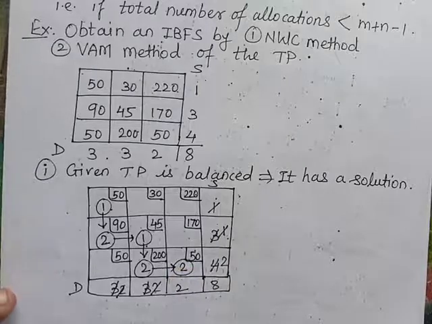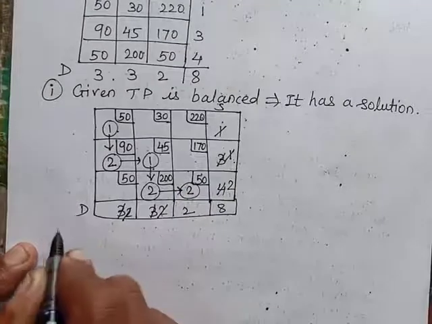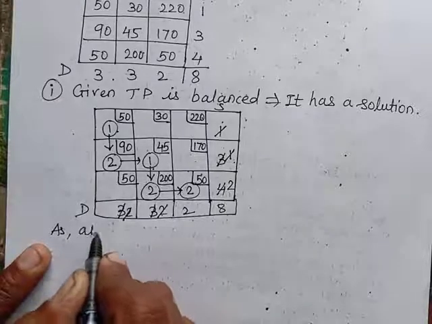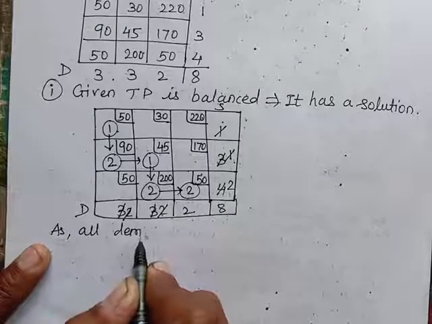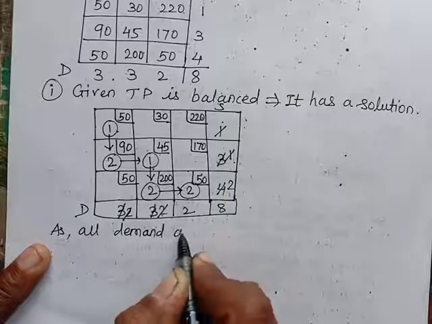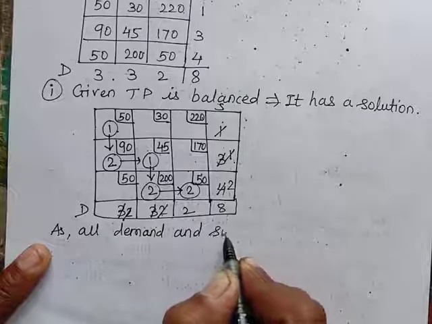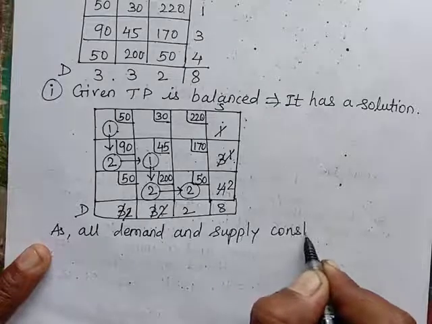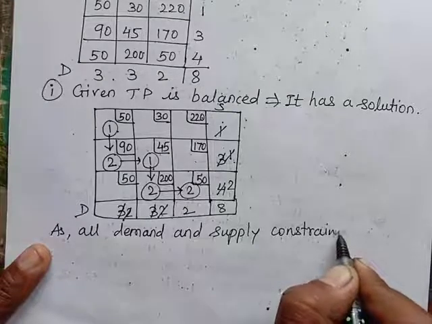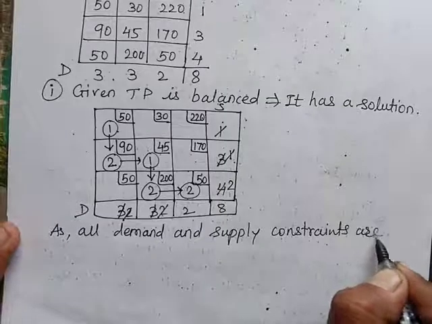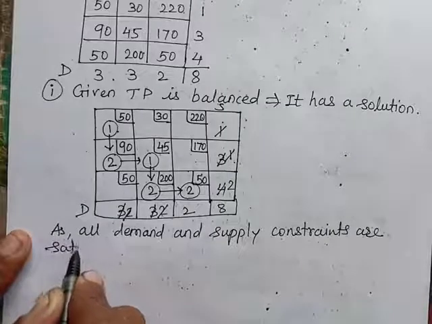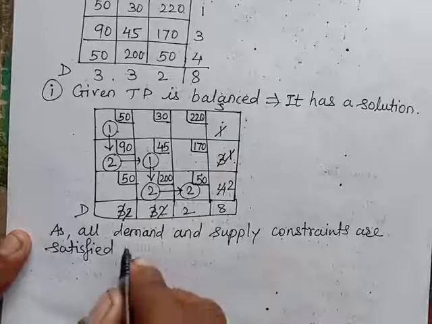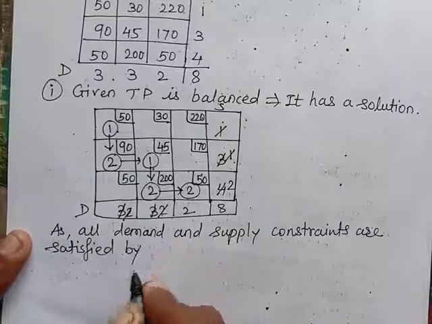So let me write that part here, as all demand and supply constraints are satisfied by allocations.